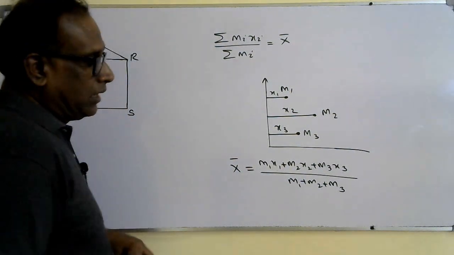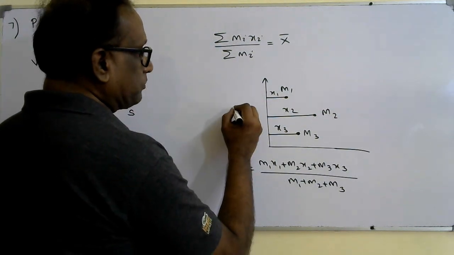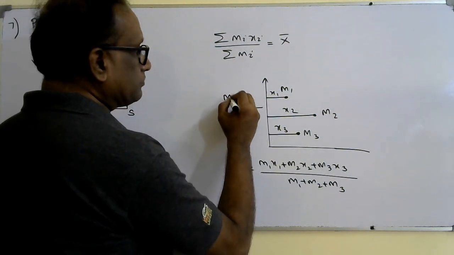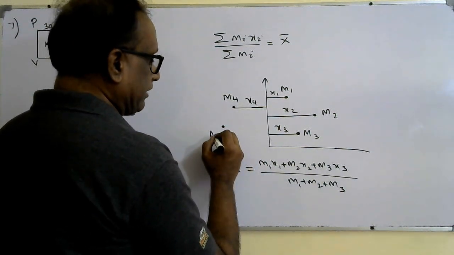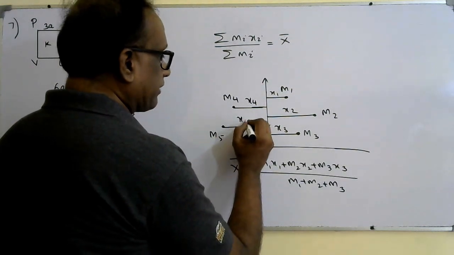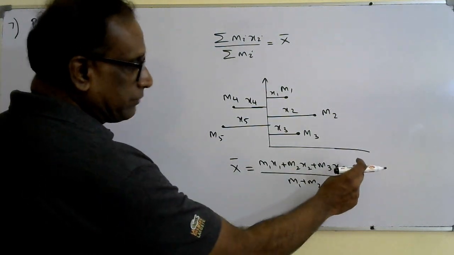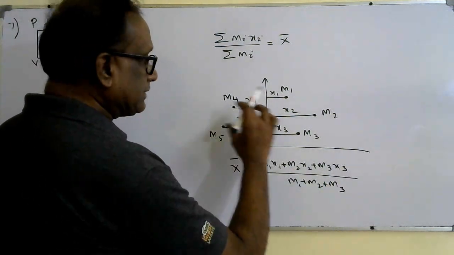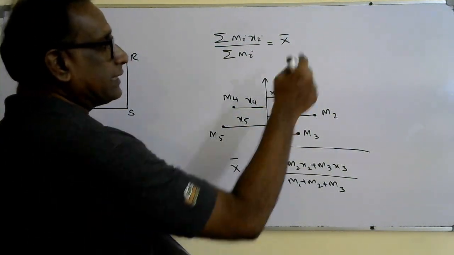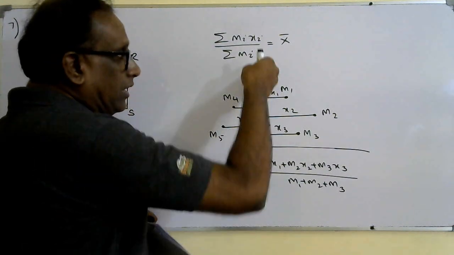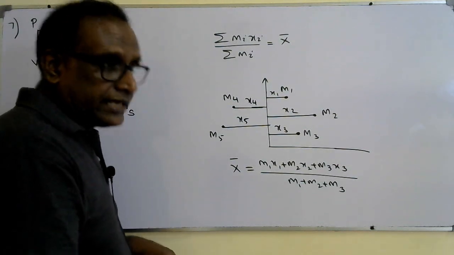But if there are particles on the opposite side also, a fourth particle m4 at a distance x4 and another particle m5 at a distance x5, that's not in the same direction. So here we can't put plus, because if I put plus m4 x4 plus m5 x5, that means they would be in this direction. Here also we want to find the center of mass of the system of particles m1, m2, m3, m4, m5 about the y-axis, that means the x coordinate of the center of mass.